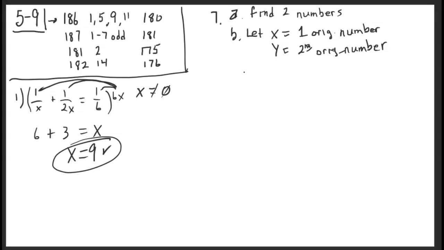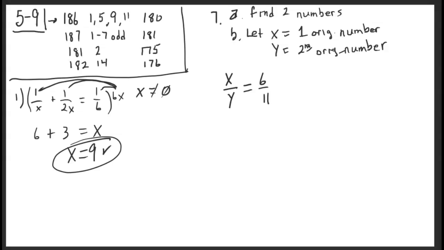So it tells me the numbers are in the ratio 6 to 11. In other words, x, remember ratio is just another way to say fraction. So x is to y as 6 is to 11. Okay. What does that mean? Well, one thing that means is x is the smaller number. That matters.